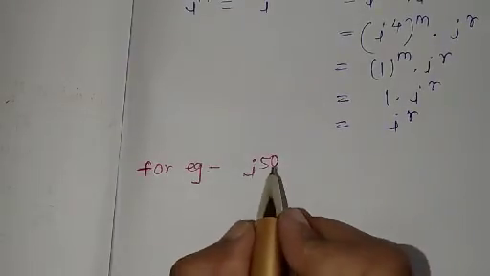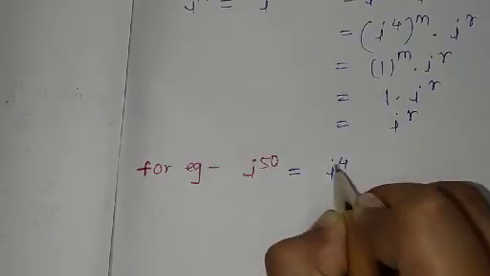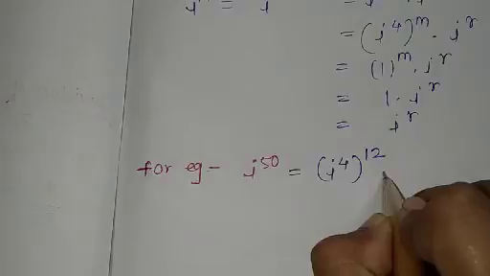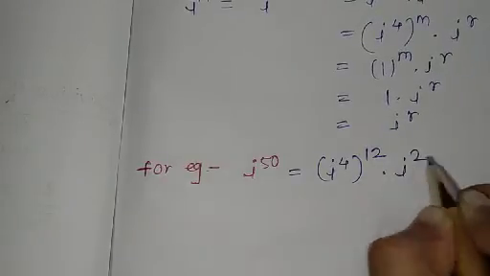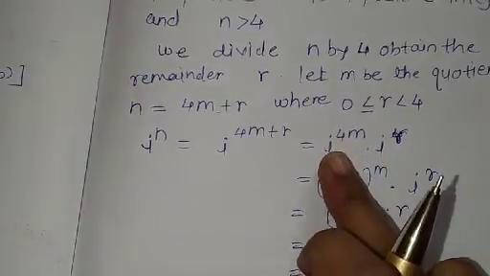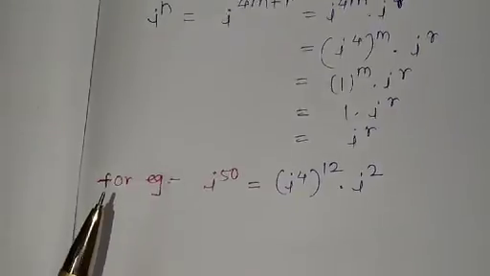Now consider one example. We have to find iota raised to 50. So here, from the above condition, we divide 50 by 4. We get the result, that is iota raised to 4 raised to 12 into iota square. We write it in the form iota raised to 4m into iota raised to r.